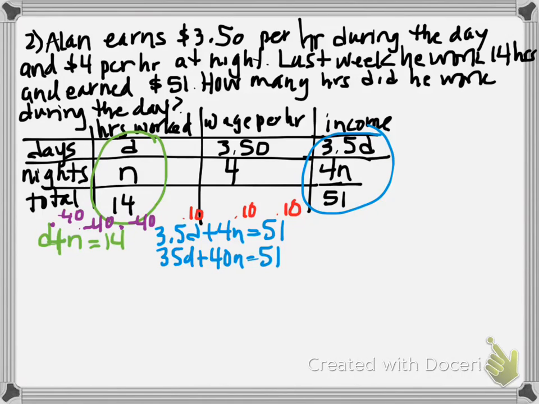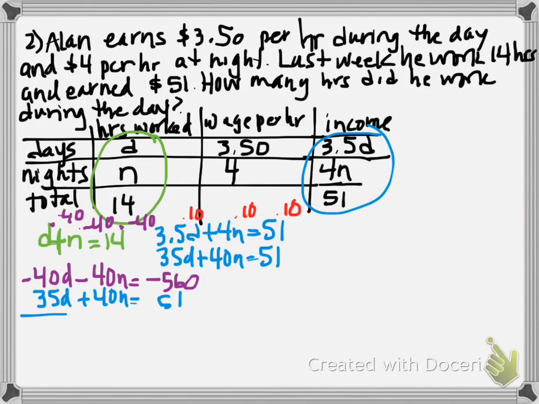Making my two equations negative 40D minus 40N equals negative 560. And we're going to put that together with the 35D plus 40N equals 51.